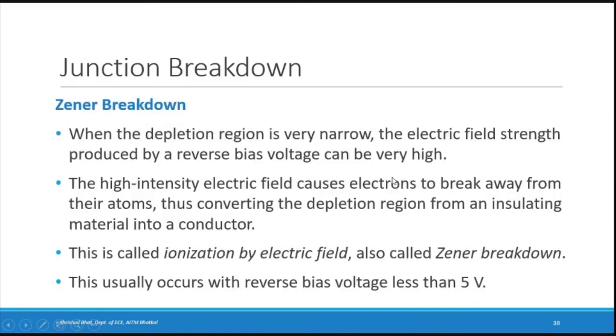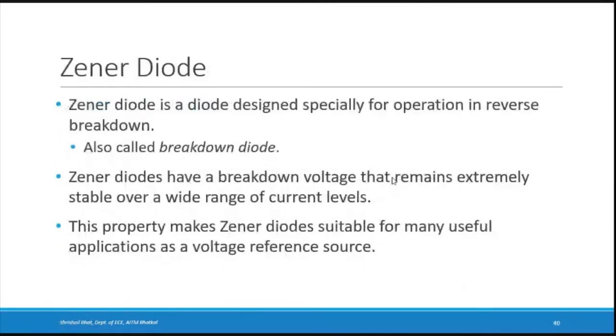Okay, so they have a breakdown voltage that remains extremely stable. That breakdown voltage will be constant over a wide range of current levels. So even if you change the current, the voltage will remain constant, right? This property of Zener diodes is utilized in applications like a voltage reference source.